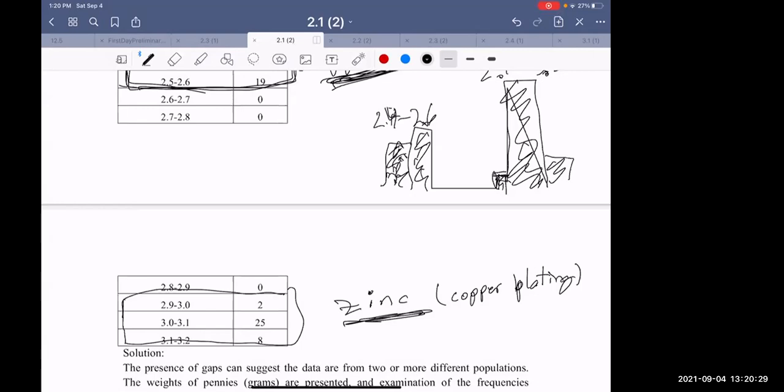So the real problem is that they said something like 99.9% of all pennies are not in circulation. The government is spending money to make pennies, and each of these pennies costs more than one penny to make.